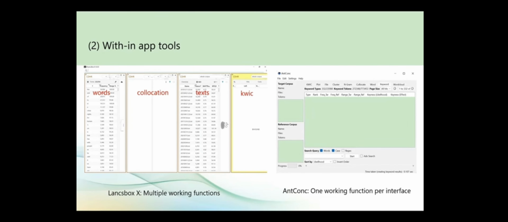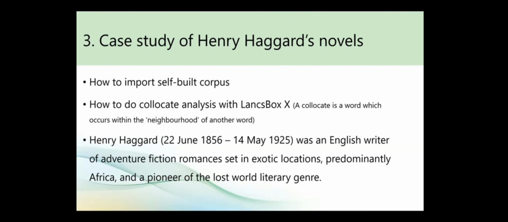LanguageBox-X also allows for the import of more than one corpus at the same time. The tab system is particularly helpful for corpus comparison, as the user can navigate through tabs with the same queries for different corpora. In the following part, I will show you a case study of Henry Haggard's novels to demonstrate how to import a self-built corpus and do collocation analysis with LanguageBox-X.